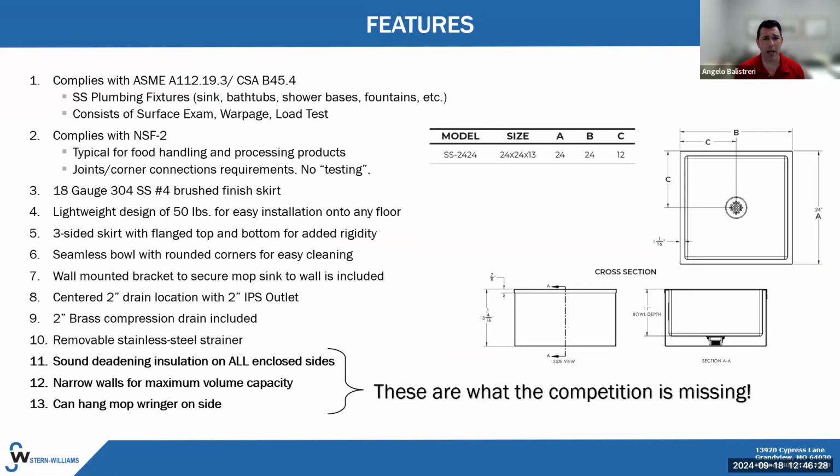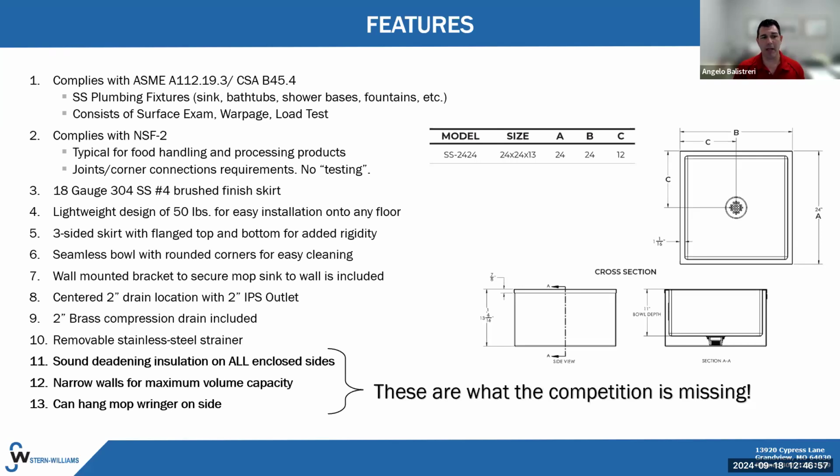A couple of features. I know we hit on a few of these already, but this complies with ASME A112 as well as CSA B45. Again, it's a stainless steel plumbing fixture. It's also NSF-2 rated, great if you're using it for food processing or anything along those lines.